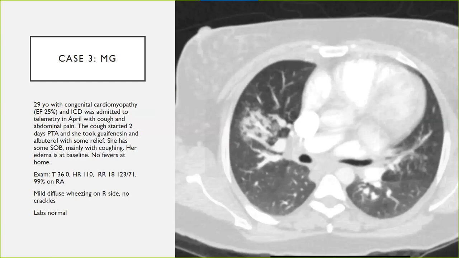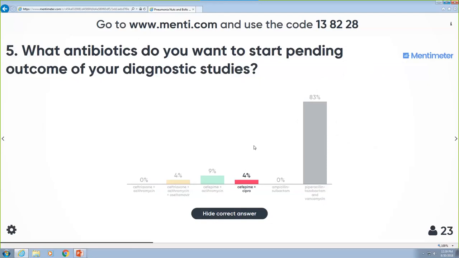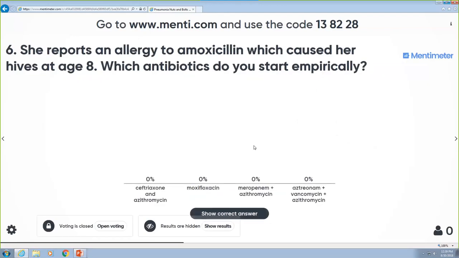Her vital signs are pretty unremarkable, but she did have some diffuse wheezing on the right side, and a chest CT showed a new infiltrate on the right side. So she reports she has an allergy to amoxicillin, which caused her hives at age 8.